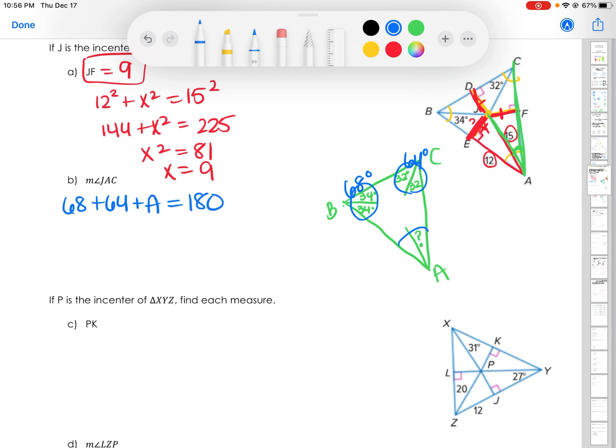So that's going to be, let's see, 132 plus A is 180, which is going to give me that angle A is equal to 48. So that's the entire angle A, that's 48 degrees, which means half of that is going to give me 24 and 24. So the portion of the angle I'm looking for, this part right here, is going to be 24 degrees.